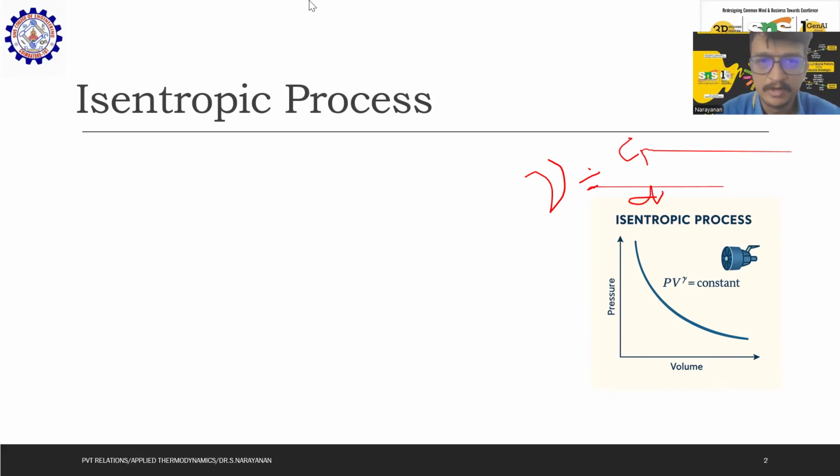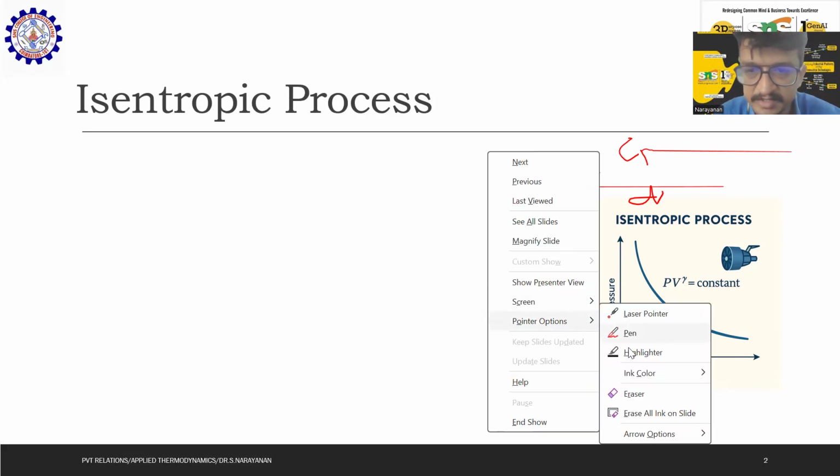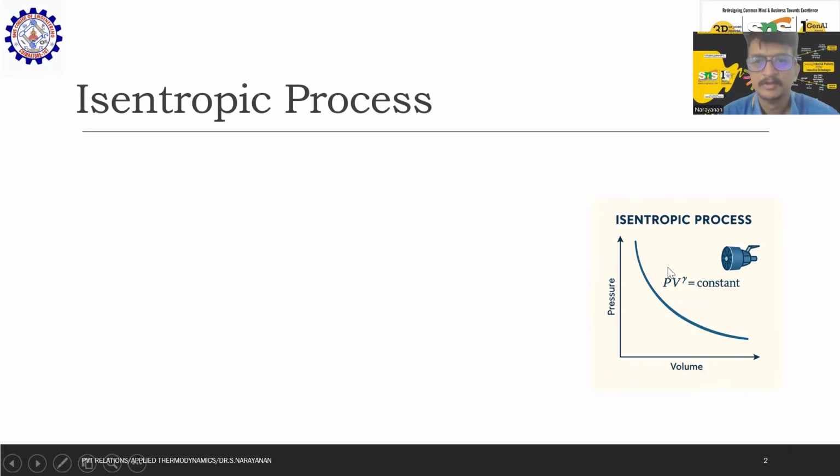So it is a law which follows pressure into volume power gamma equal to constant. This process can either be compression or expansion. In this direction, we can call it expansion. If the process follows the opposite direction, we can call it compression, right?